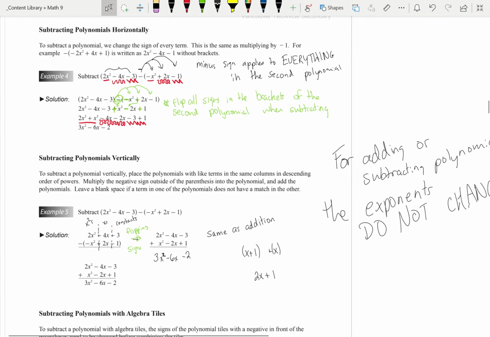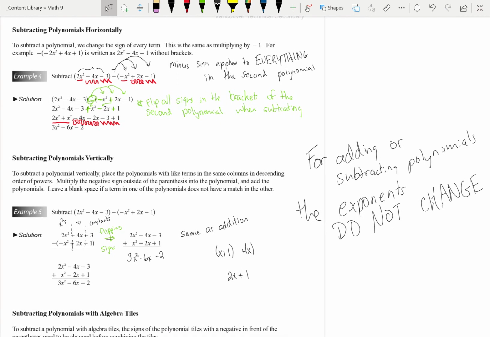I am not ever changing the exponents of my variables when I'm adding and subtracting. I'm just adding or subtracting the coefficients only.